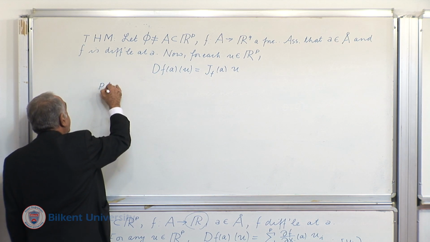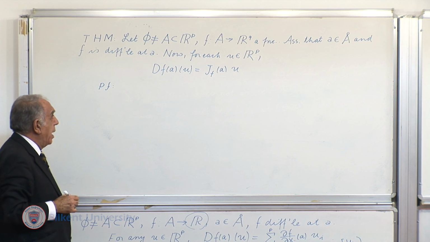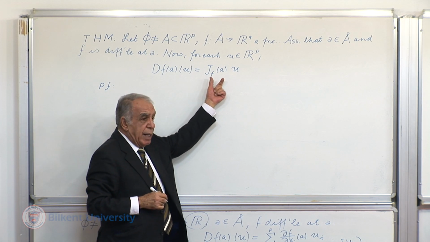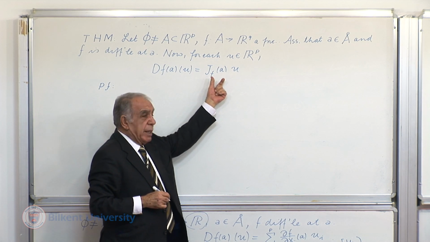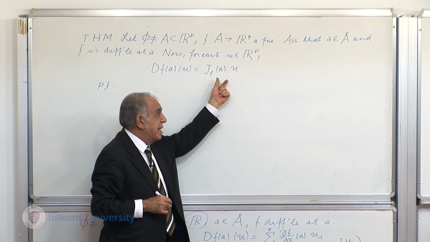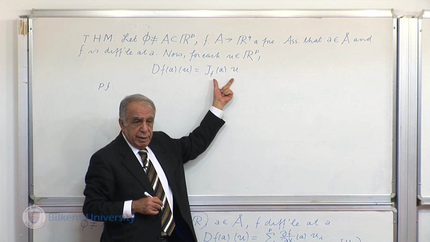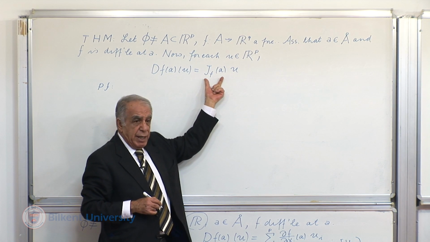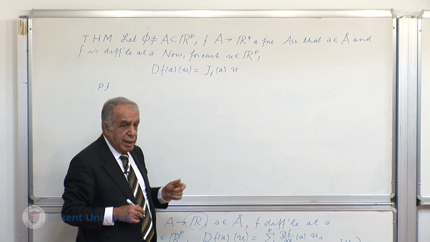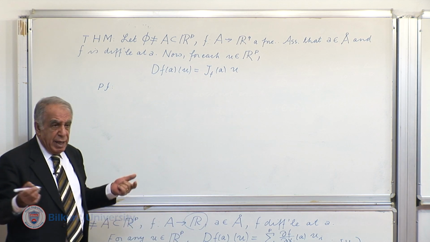Proof. Now first, what can you tell about the function from R^p to R^q which sends each u in R^p to this matrix product? This is a q by p matrix multiplied with this. Well, that will yield a q-vector, and that function will be linear.